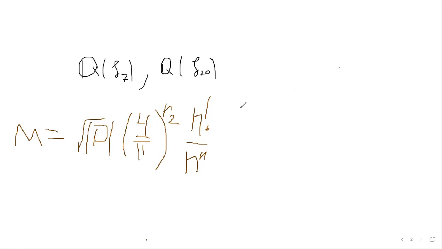It should contain 6 elements, because the degree is 6. So it goes up to 5, so it will be just the first 5 powers and 1.